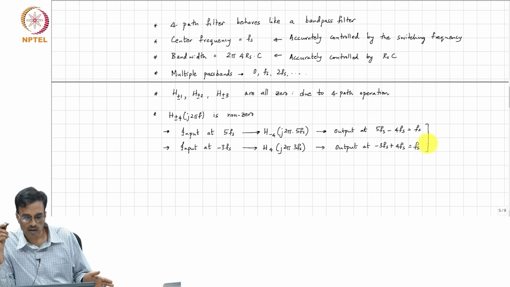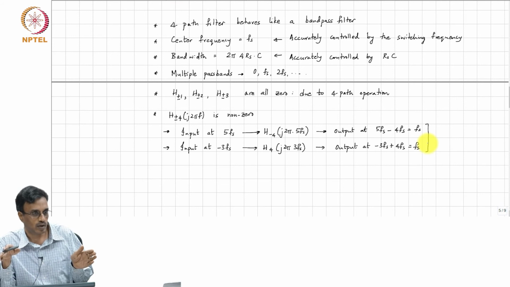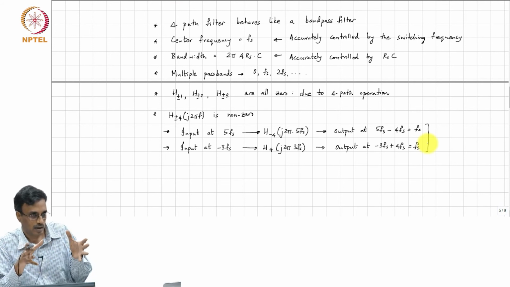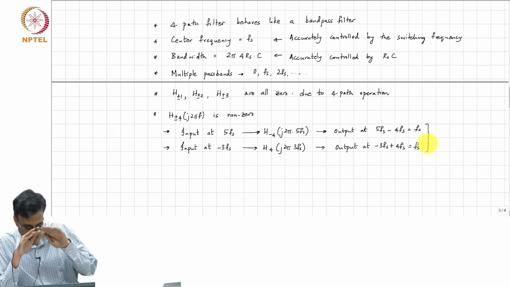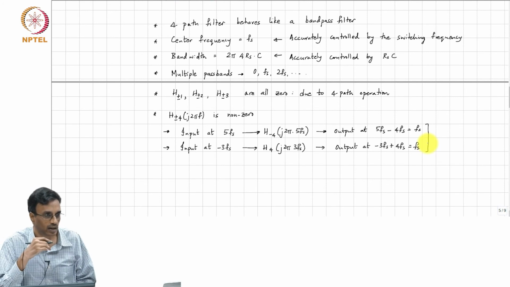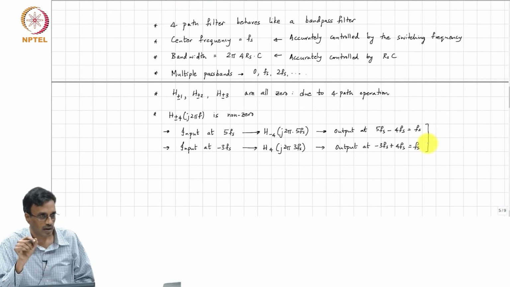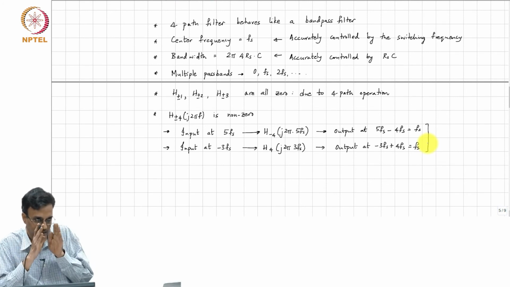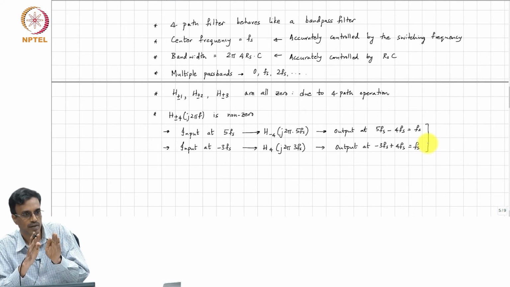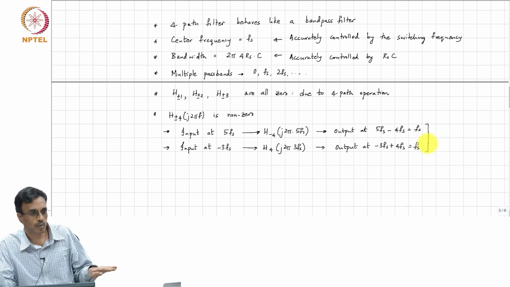In other words, we want to filter something around fs, and we want to have a narrow band filter whose center frequency is at fs, and so we build this thing, correct. Around fs it obviously does a good job, because it only lets frequencies close to fs pass through. As you keep going farther away from fs, it is attenuating signals.